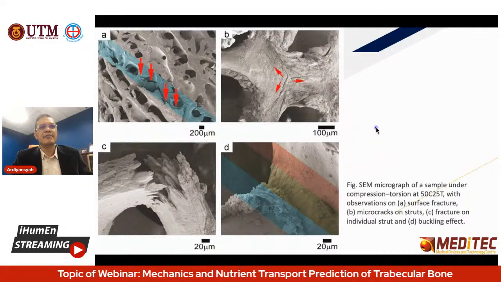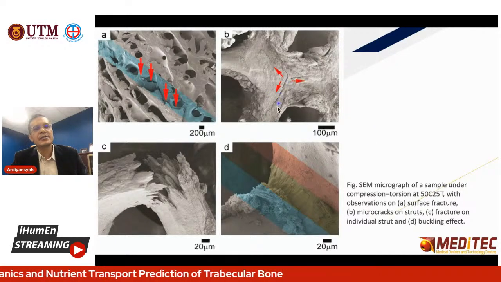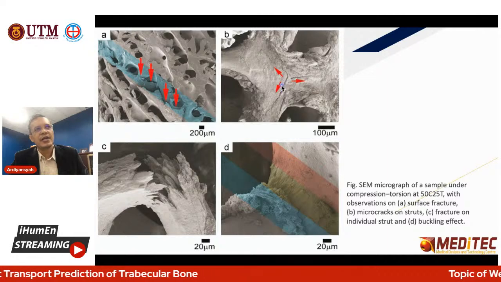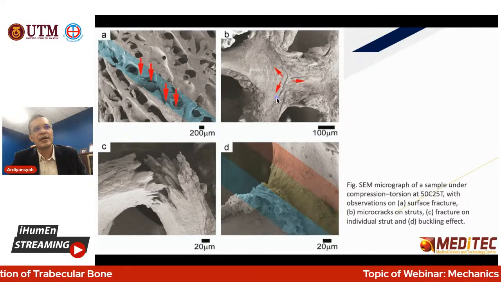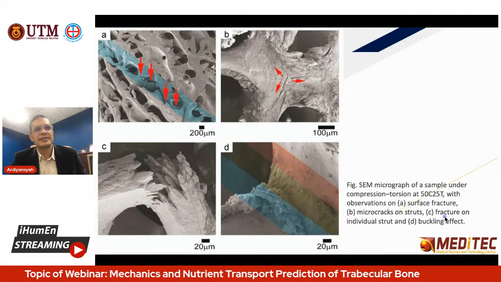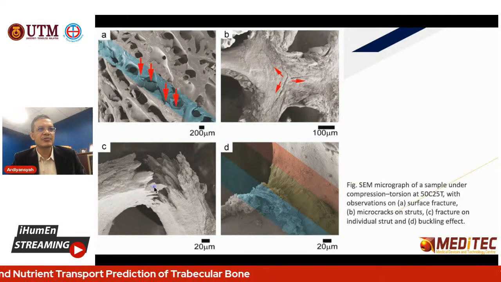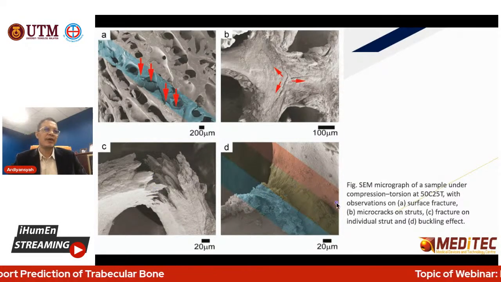Here is the SEM micrograph of the compression sample. Here you can check the failure. There are three directions of load: micro crack on the strut, surface fracture, and the fracture in the strut, and the buckling effect.